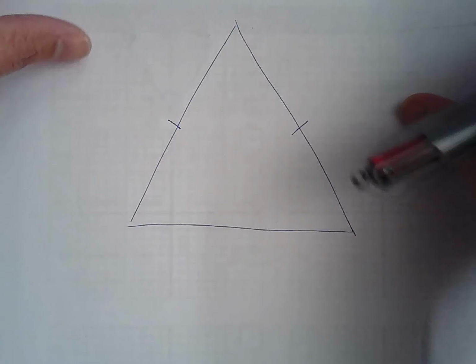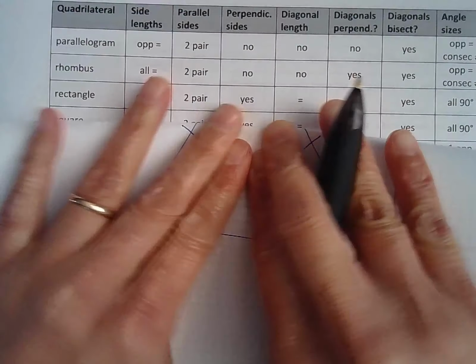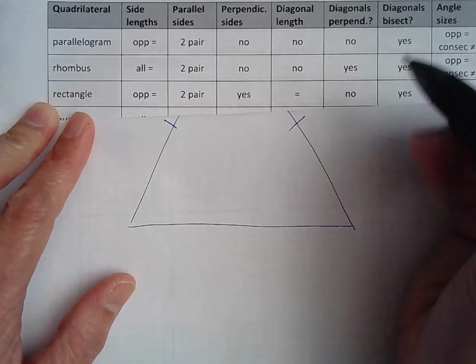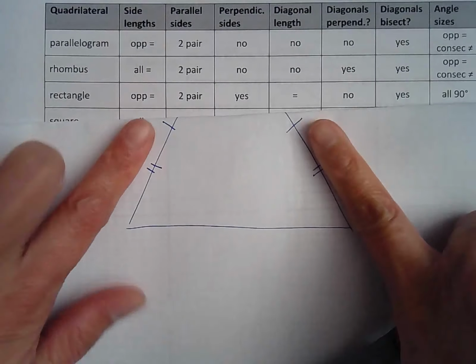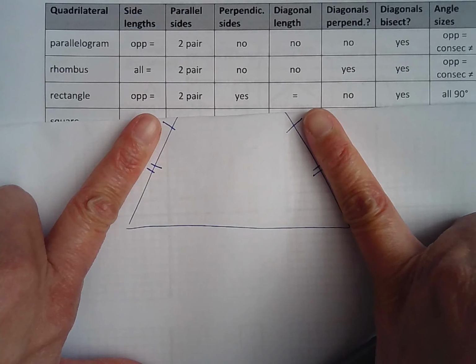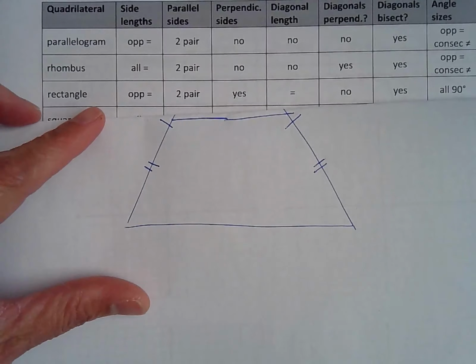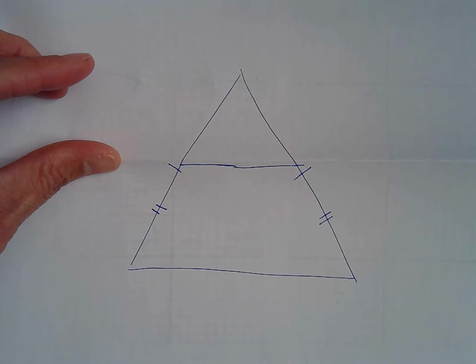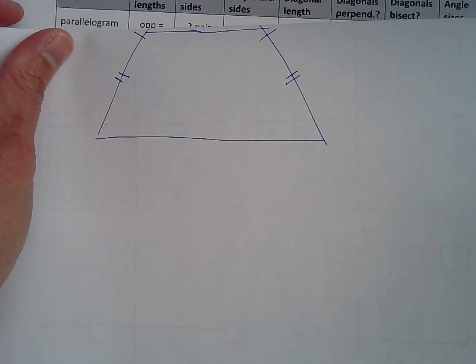Well, I could take the top piece off. Now these two are equal. If I don't fold it, it looks like an isosceles triangle. And if I fold it like that, it's an isosceles trapezoid.